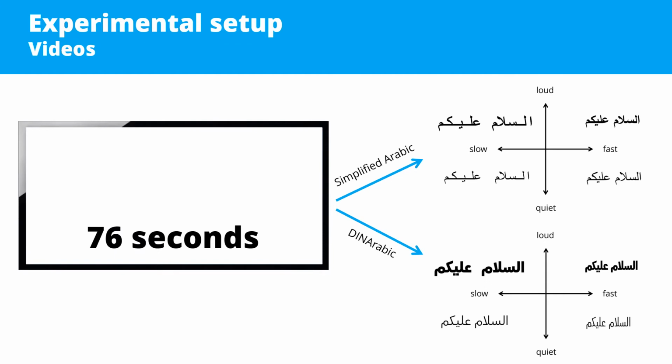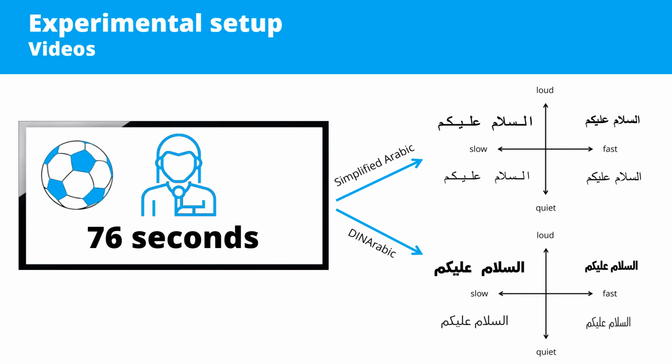We made a compilation of 76 seconds of footage in Arabic from the three genres: sports, news, and poetry. Sportscasts are full of emotions and can benefit from having their speech characteristics represented. The same applies for news reports.